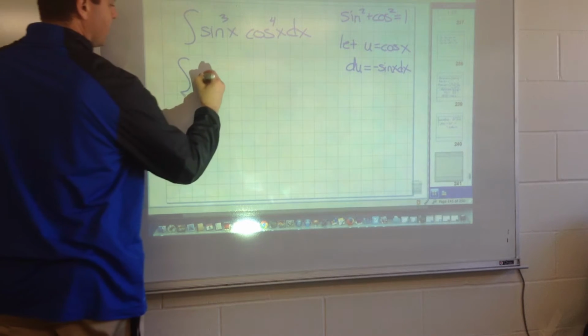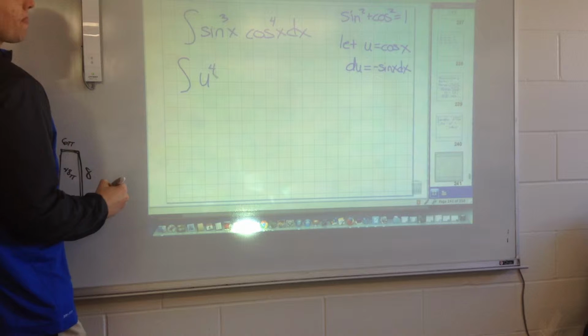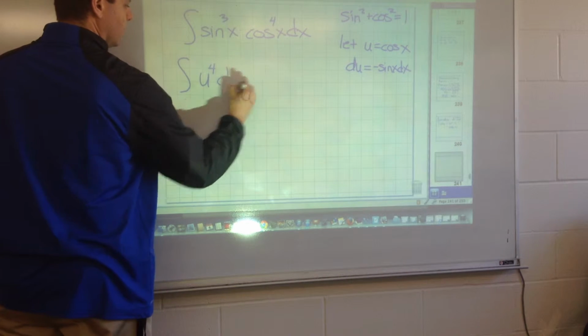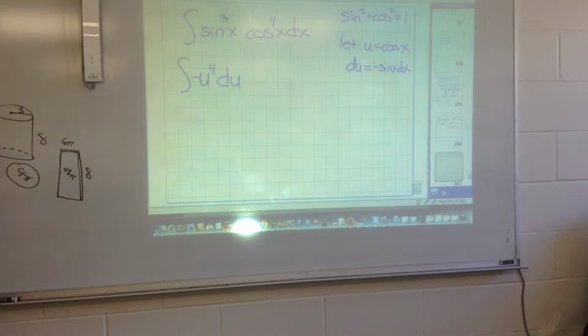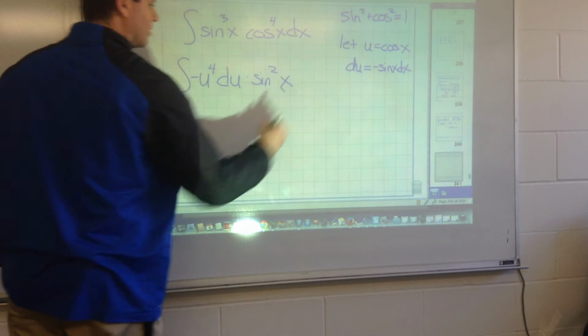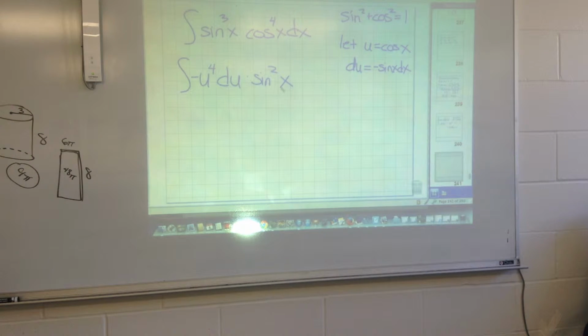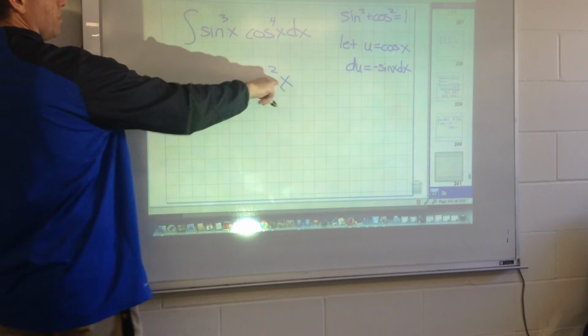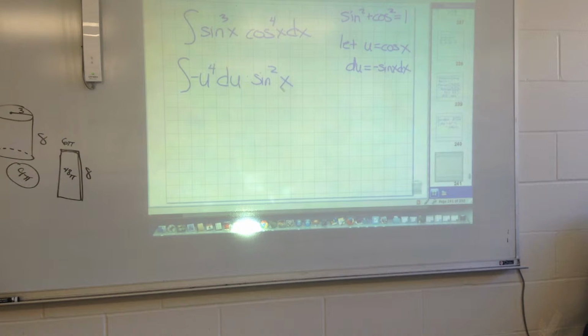So then I have u to the 4th, and then negative u to the 4th du, and I'd still have a sine squared x, because my goal was to get this down to a sine squared, to use the identity, because now I'm going to replace sine squared with 1 minus cosine squared.